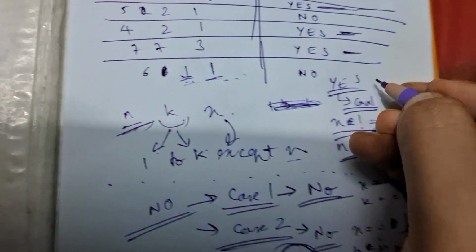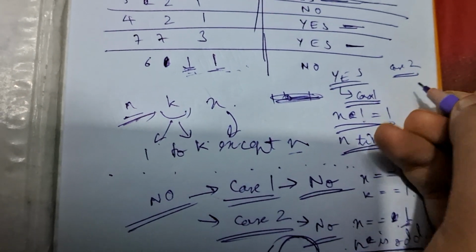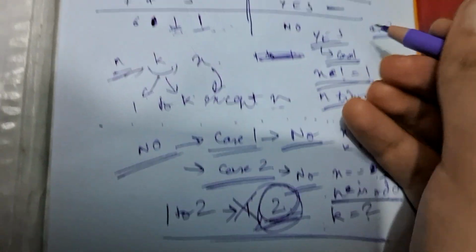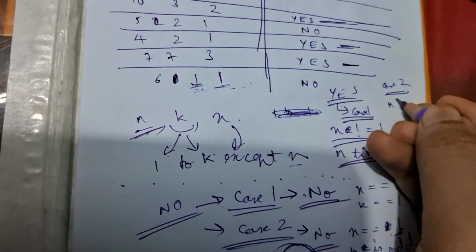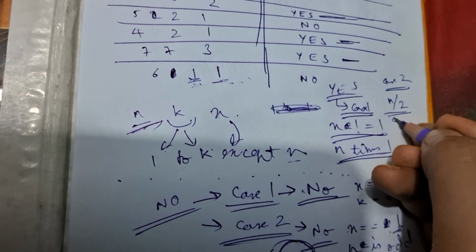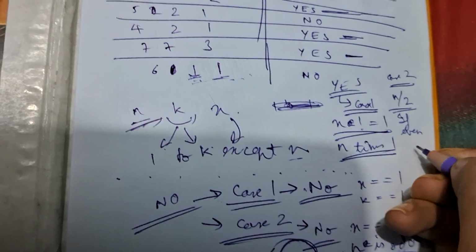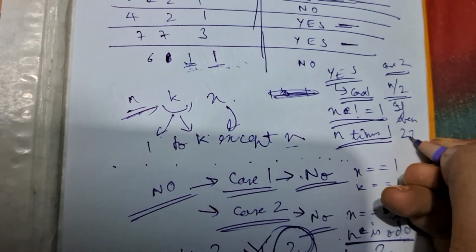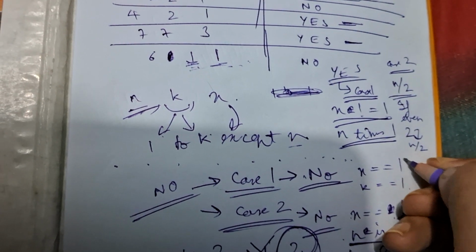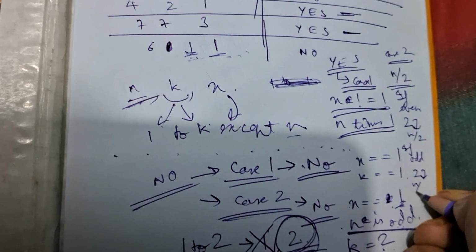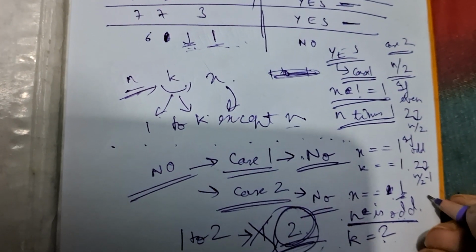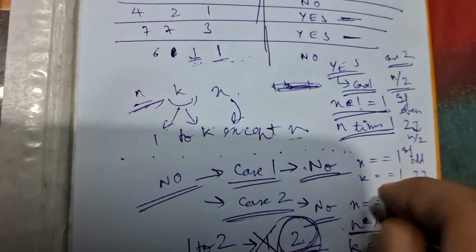And case 2 will be anything other than these cases. Over there, it will be n by 2 times: if n is even, you're going to print 2, n by 2 times, and if odd, you're going to print 2, n by 2 minus 1 times and 1 time 3. I'll explain why.